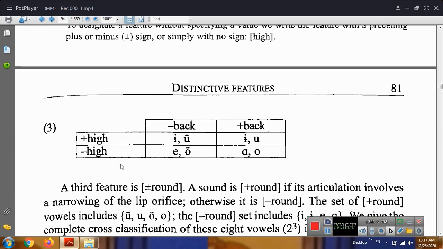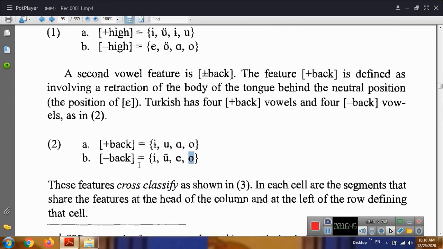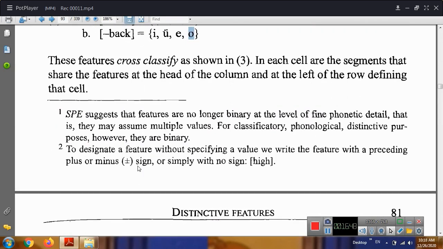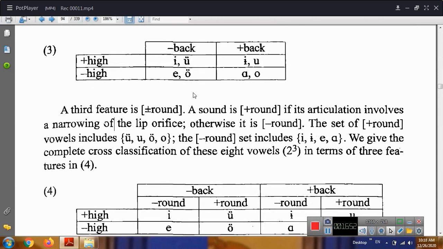We divide 4 of them for plus high and 4 for minus high, and for back we had 4 back vowels and 4 minus back vowels. But here we want to separate them based on 2 distinctive features, according to high and back. According to distinctive features, I want to divide them.